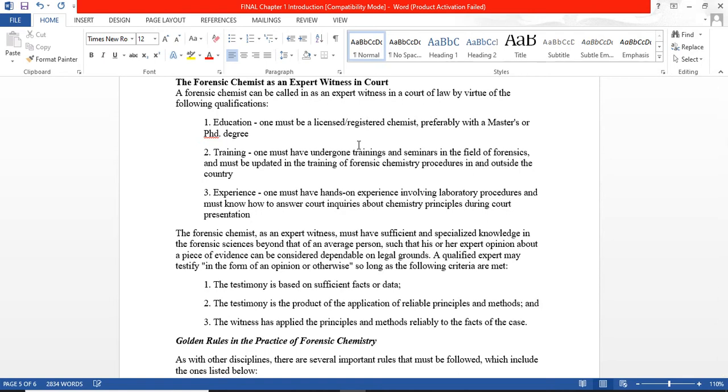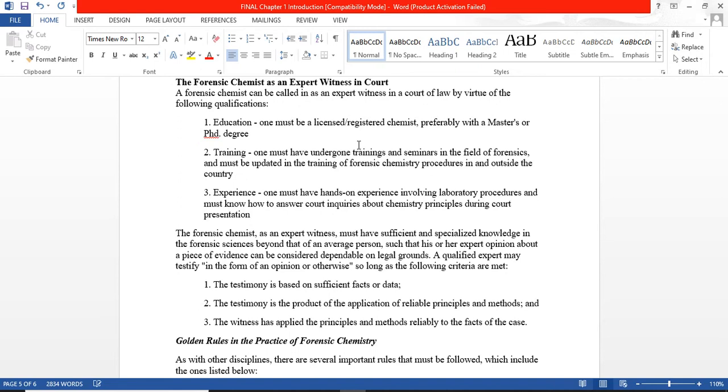First of all, it is sa iya nga education. One must be a licensed, registered chemist, okay, preferably with a master's or PhD degree. Okay, so preferably man lang na. So, it's either lang that. Next, number 2, training. Okay, one must have undergone training or seminar in the field of forensics and must be updated on the training of forensic chemistry procedures in and outside the country.